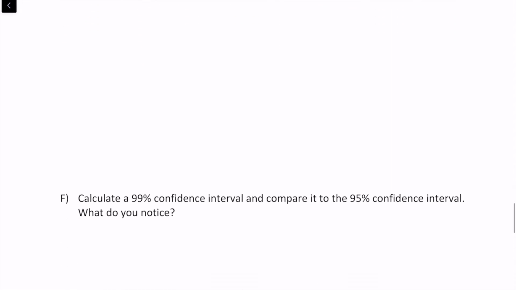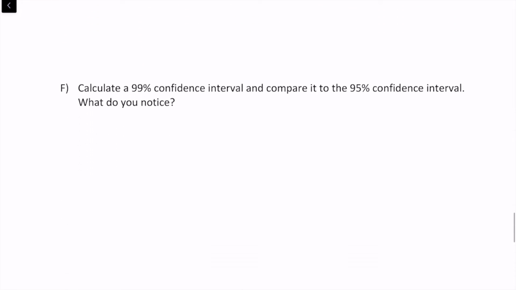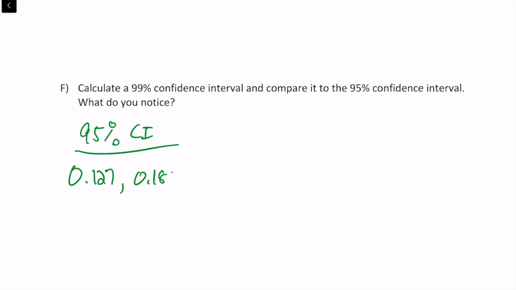All right. Here we go. Calculate the 99% confidence interval and compare it to the 95% confidence interval. What do you notice? Okay, so the 95% confidence interval we've already done. That was from 0.127 up to 0.185. Well, what will the 99% confidence interval look like? Okay. Well, to calculate this, I am going to use StatCrunch.